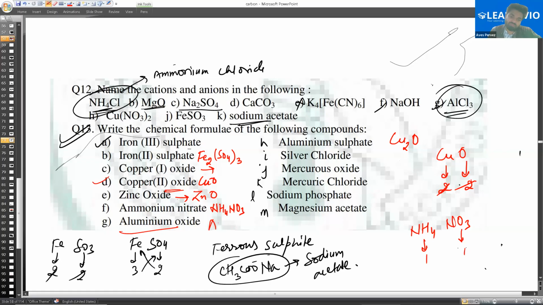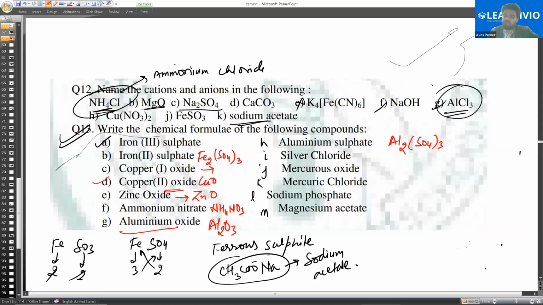Yes. Aluminium sulfate. Formula for aluminium sulfate. Al2(SO4)3. Very good. Why? Because aluminium has valency 3 and sulfate ion has valency 2. By cross multiplying, you will get Al2(SO4)3. Got it?